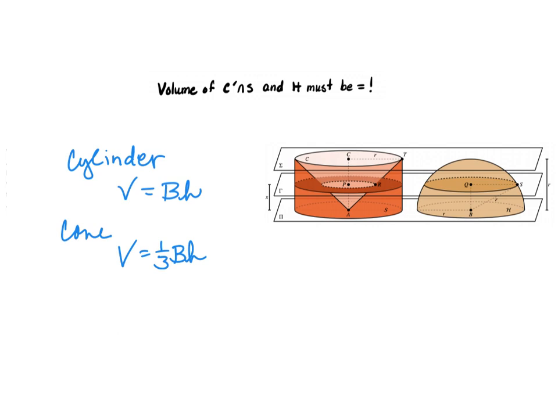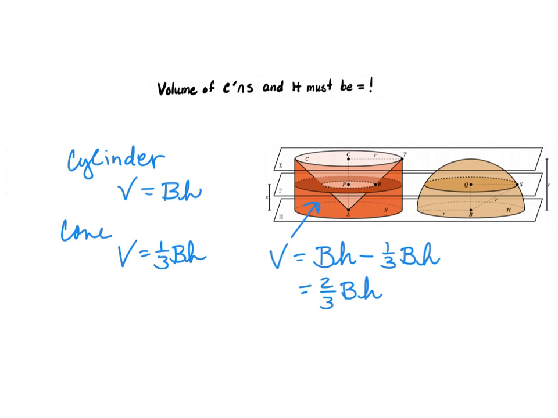So the volume of what's outside of that cone has to be the volume of my cylinder minus the volume of my cone. And that is 2/3 the area of the base times the height.